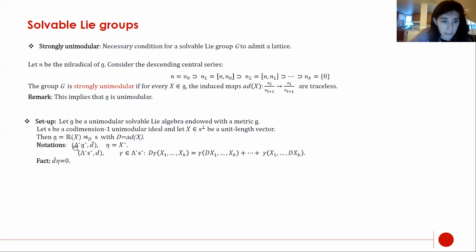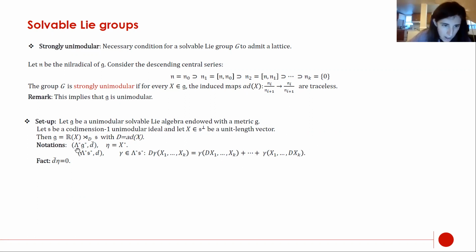And I'm going to employ the following notation. I'm going to call the differential of the Chevalley-Eilenberg complex of G with G bar, and also going to denote by eta the one form determined by the metric and the vector X. And I will call by D the differential on the Lie algebra S. And I'm going to extend the action to the exterior algebra of S as a derivation, like this formula states.